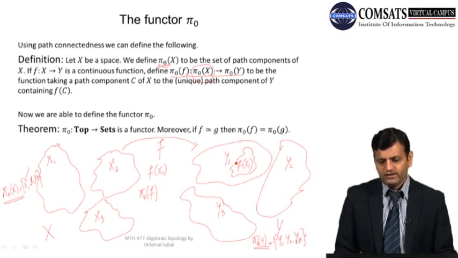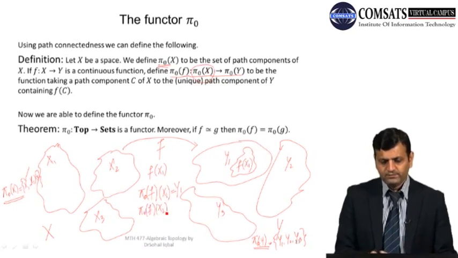So let's say this is f of X1. Now this is a connected set contained in Y. So basically pi naught of f applied on X1 will give me Y1, because Y1 is the unique path connected component of Y containing f of X1. Similarly we can find other images. So pi naught f of X2.